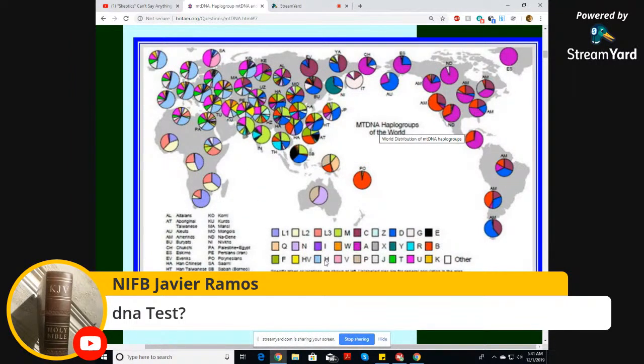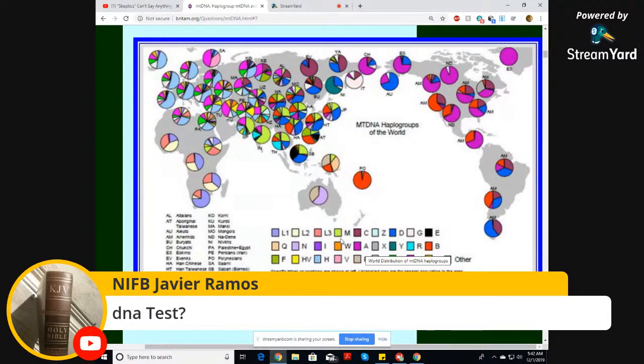So we got the H in Europe. We got, let me see what we got. Yeah, this is N. Let me explain. This is really complicated to understand. This L1, 2, and 3 would be the descendants of Ham, or Africans, basically.